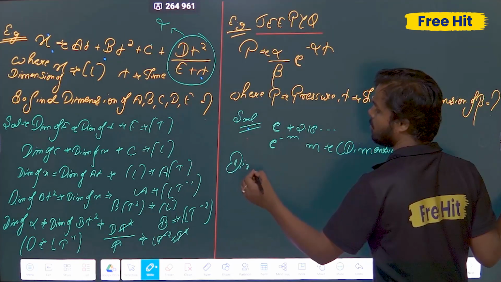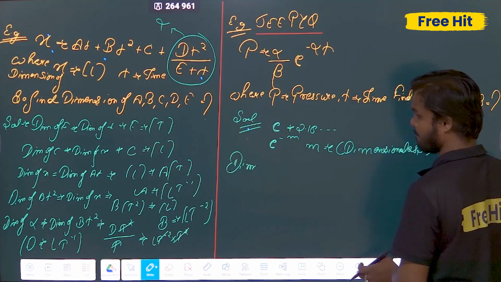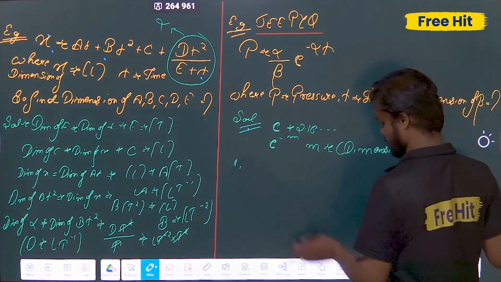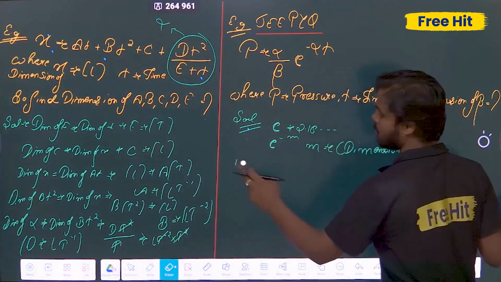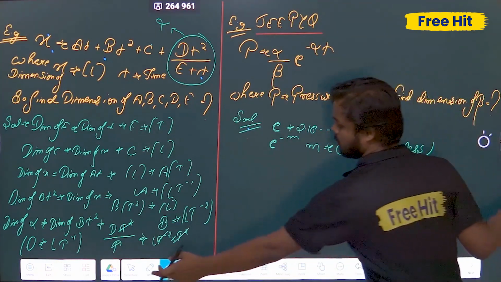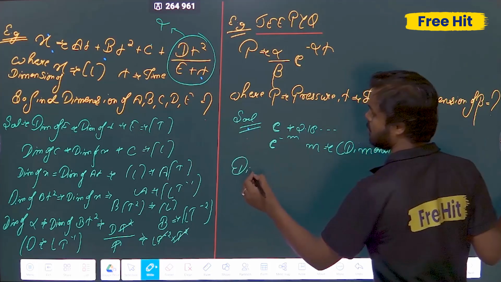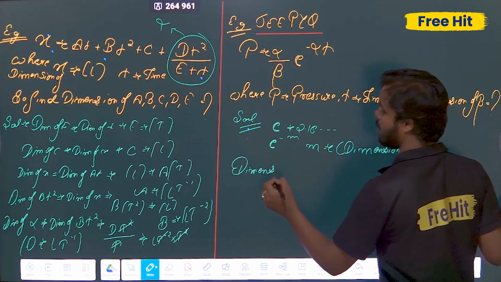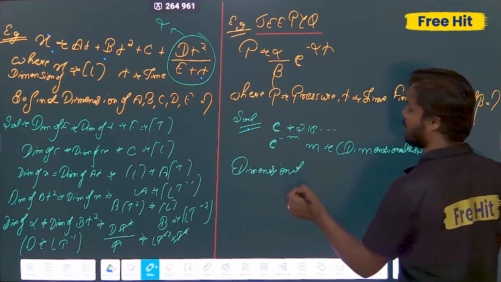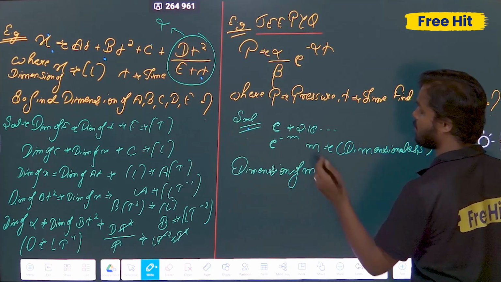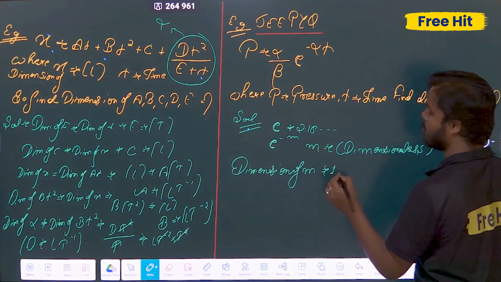So if it is dimensionless, you have to always do only one thing. You have to always write the dimension of whatever is in the power, and make it equal to 1. Simple.